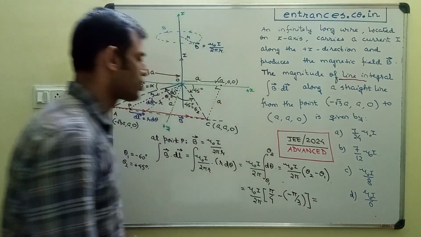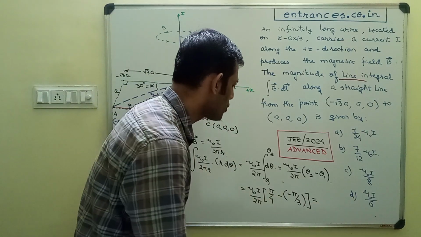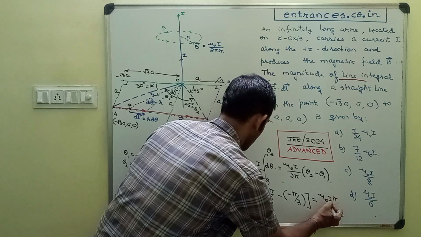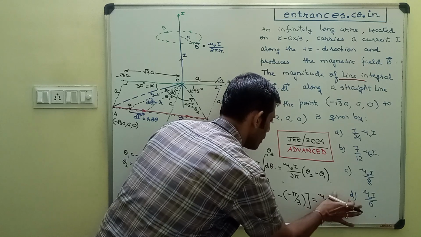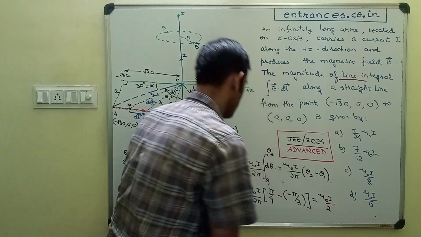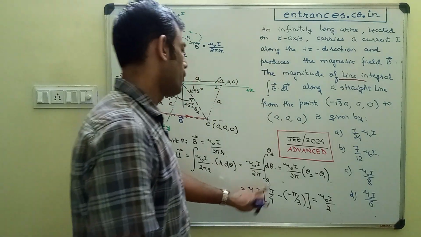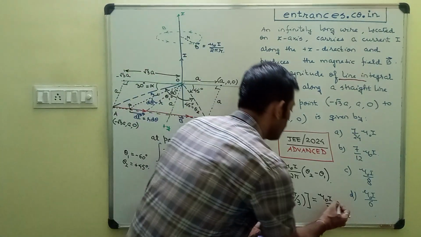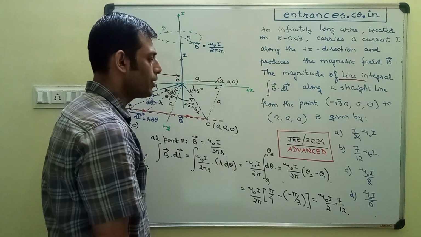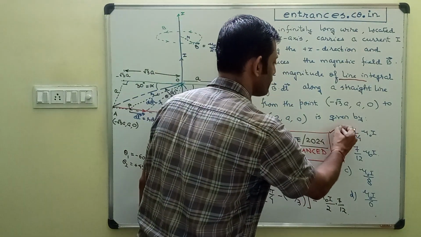You can make your guess, this is going to be a plus. So I can say mu naught I by 2 pi, so this effective pi goes off. Mu naught I by 2, into 1 by 4 plus 1 by 3, that's 7 by 12. So we get the answer.